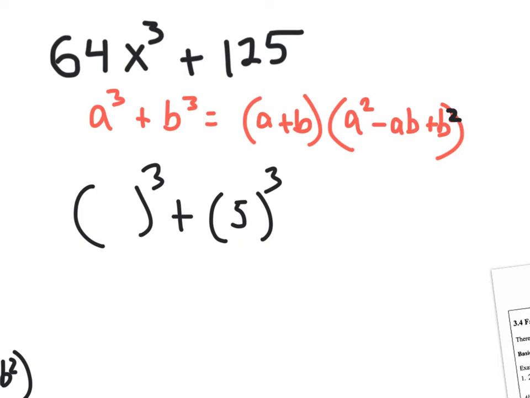How about 64x to the third? You could just go through and make a perfect cube number list if you wanted to. So if you go 2 times 2 times 2, you get 8, not 64. 3 times 3 times 3, you get 27, not 64. But if you go 4 times 4 times 4, you actually do get 64, right? So what I'm going to put in here is going to be a 4x.